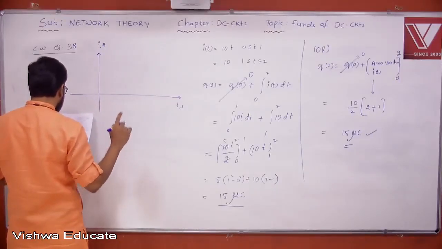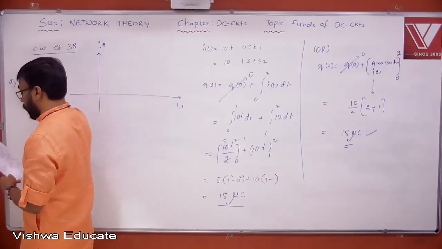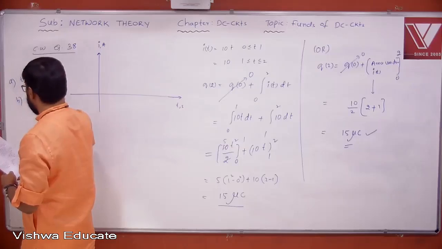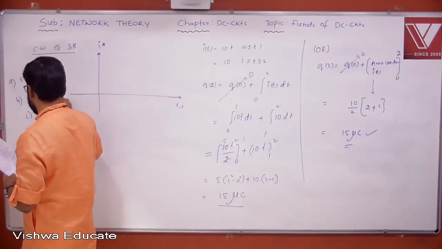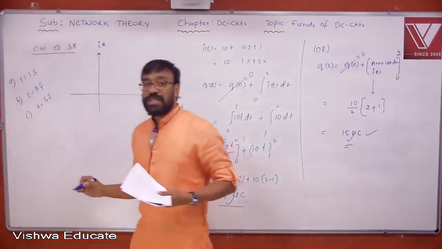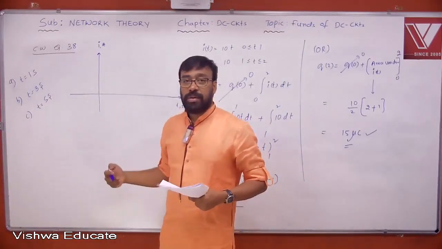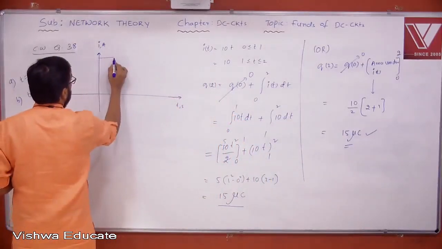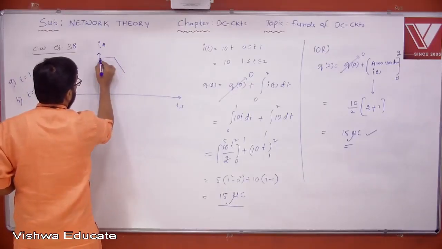Determine the total charge that passed through the element at a, t equal to 1 second, b, t equal to 3 second, c, t equal to 5 second. Okay, so he's asking what is the charge at different instances: 1 second, 3 second, 5 seconds. Okay, so we'll try to find it out. This is the waveform given.